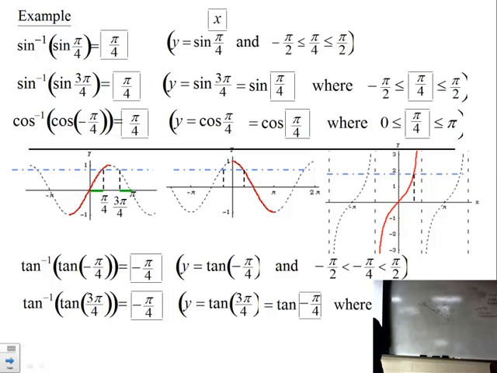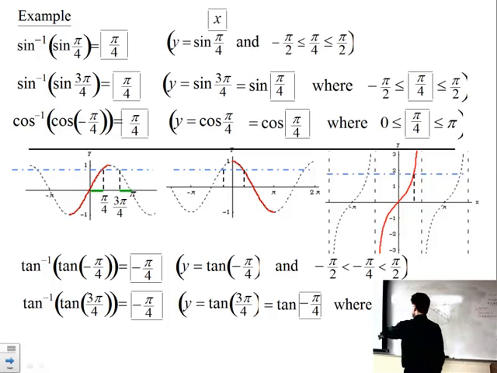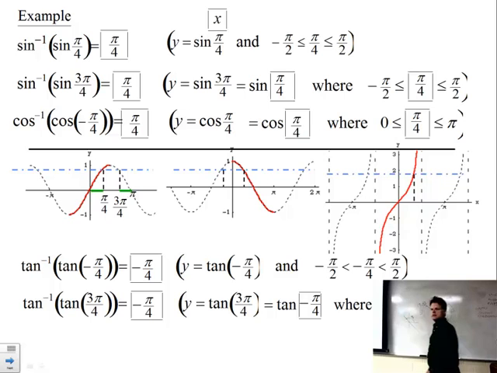So 3 pi over 4, I'll draw another picture. The tangent of this is the slope of this line, which is actually minus 1. This was 3 pi over 4. Okay? So there are exactly 2 angles that give you the line with this slope, two angles up to being coterminal. This one and this one.